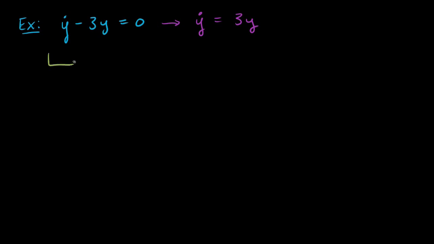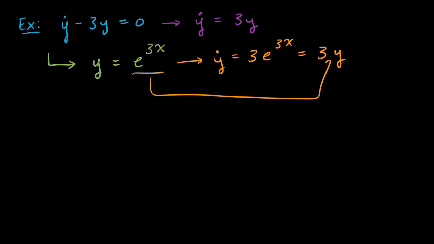And I can say, well, let's try y equals e to the 3x. What is the derivative of that? Well, the derivative, y prime, equals 3e to the 3x, which equals 3y, 3 times the original function y, right? I take this and I can insert it right there.